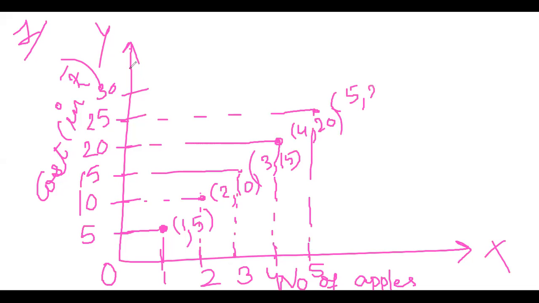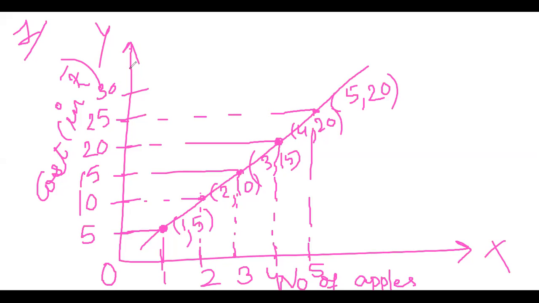So now firstly we plot the points. Here 5 points have been plotted. Now join it. When you join, you will get the graph. Okay. You get a linear graph here because all of the points lie on a single line, right?